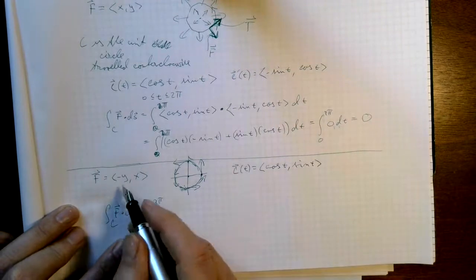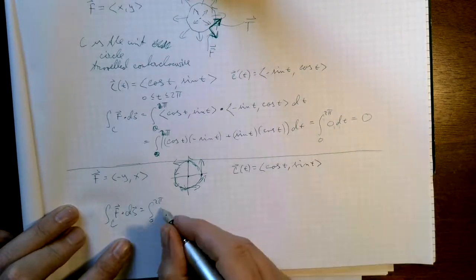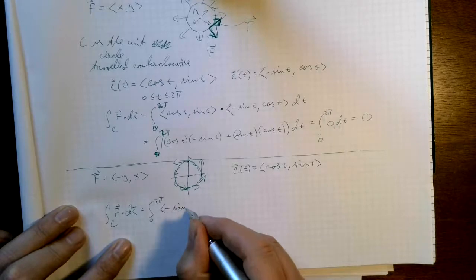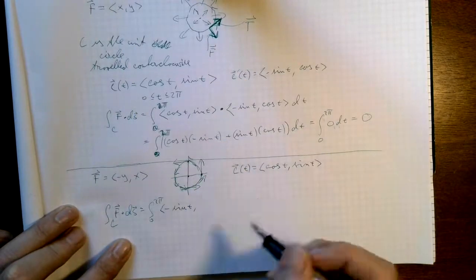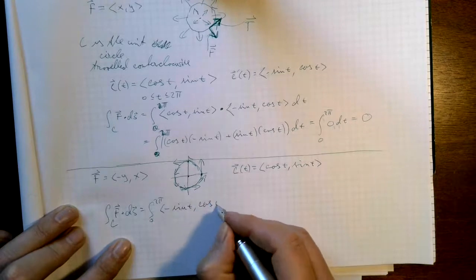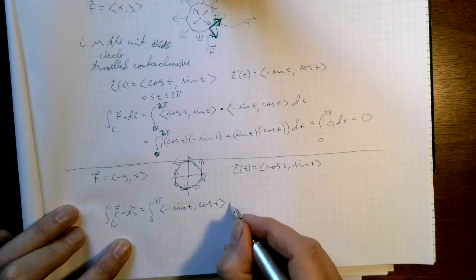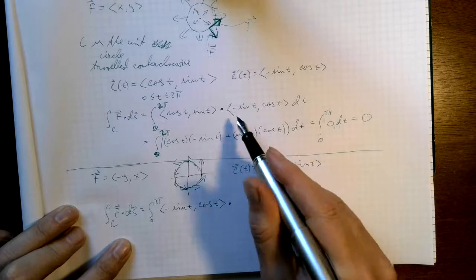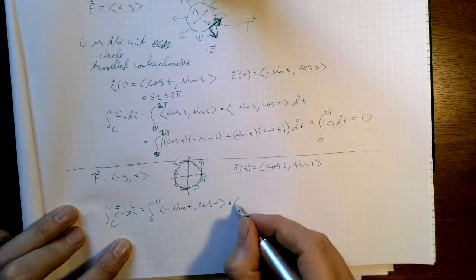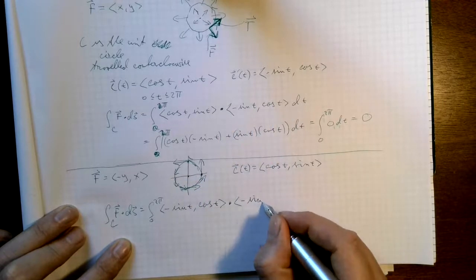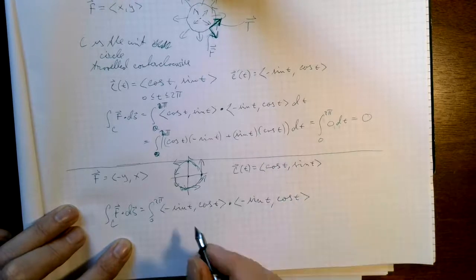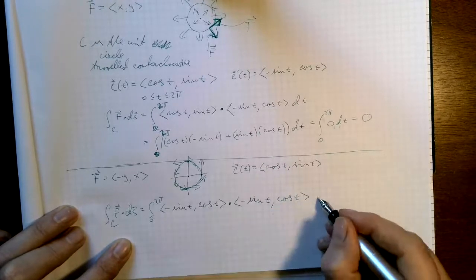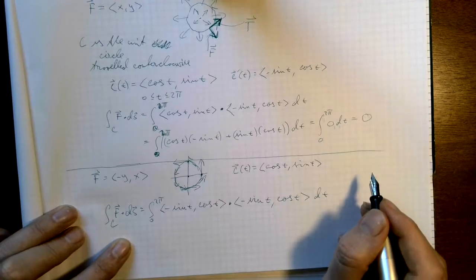So we have minus y, so minus sine t, x, cosine t. All right, and now dot c prime. So that's the same thing as over here. It happens to be the same as this by chance.